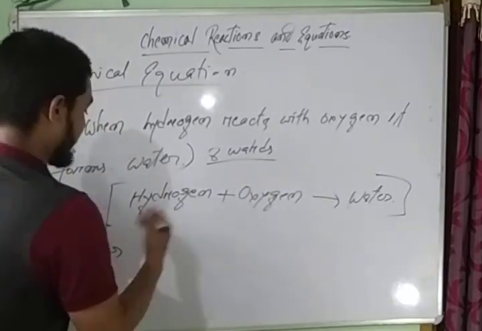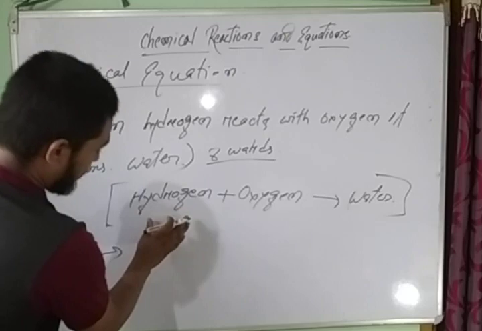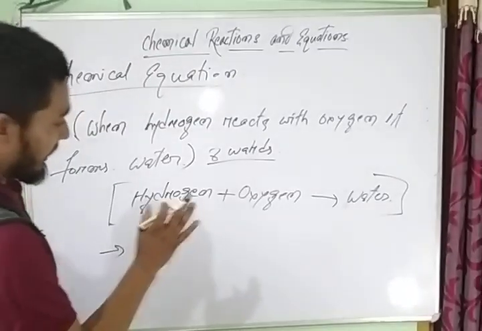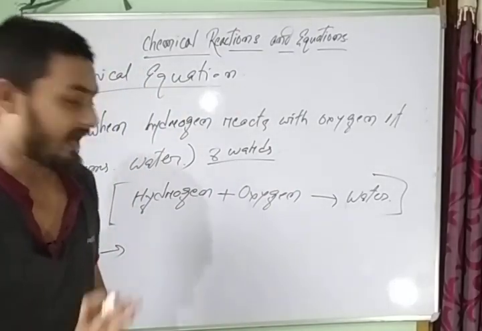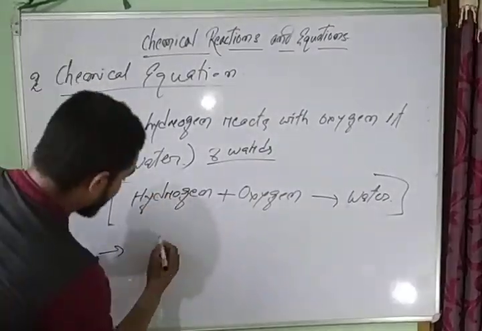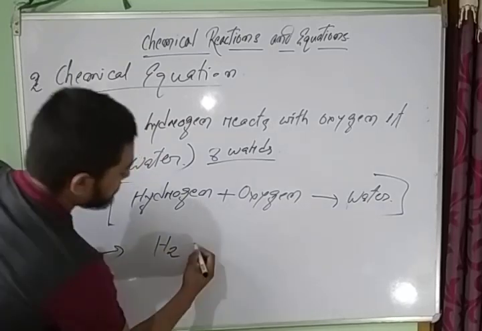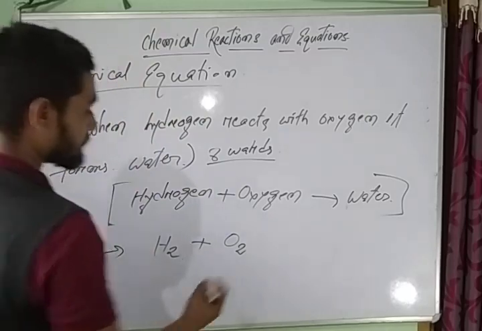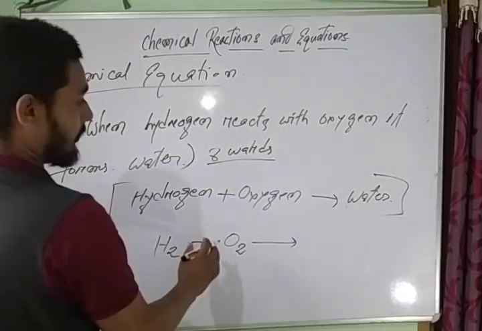So it will stand like this: in place of hydrogen, we will simply write the chemical formula of hydrogen, and in place of oxygen, we will simply write the chemical formula of oxygen. The chemical formula of hydrogen is H2, and the chemical formula of oxygen gas is O2. It combines to form water.